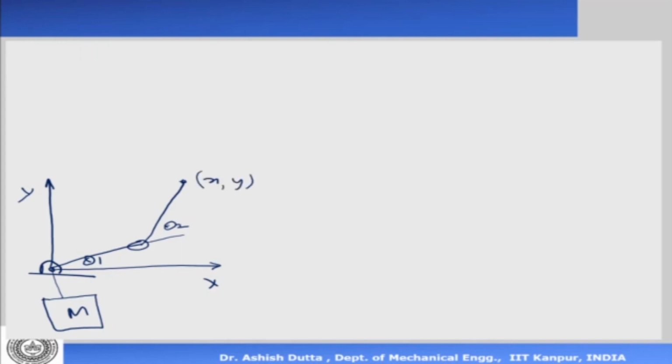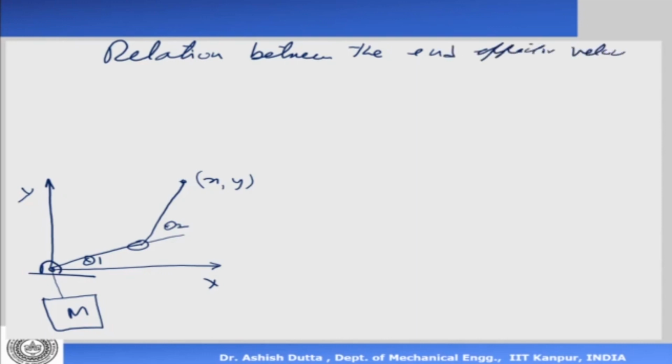So basically we want to find the relation between the end effector velocity and joint velocity. Why? Because we are interested in moving the end effector in space.